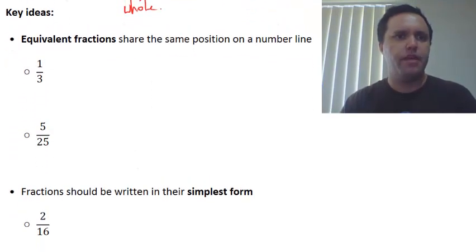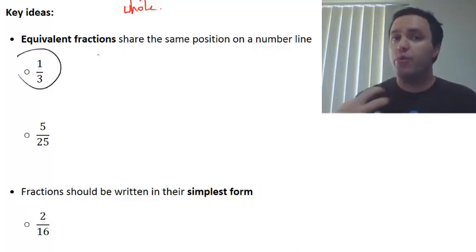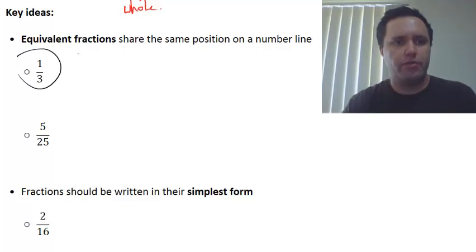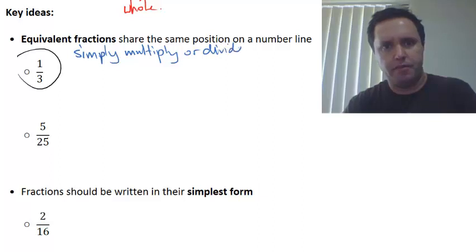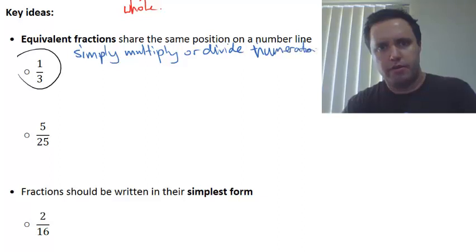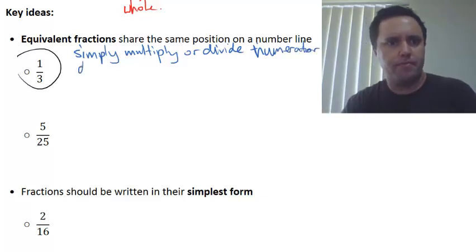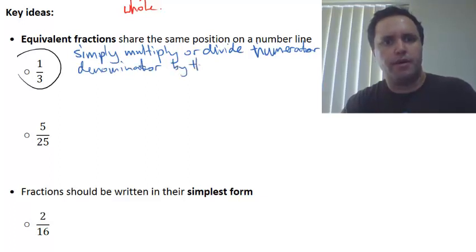Okay, so some key ideas. Firstly, equivalent fractions. They share the same position on a number line. So when we look at the fraction 1/3, we can create an equivalent fraction, and by doing that, we simply multiply or divide numerator and denominator by the same number.